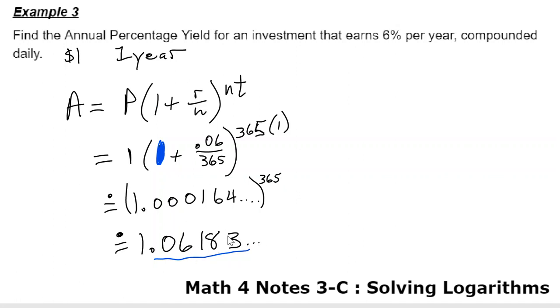So if this represents everything at the end of 1 year on $1, then you want to re-express it as a percentage, which means that the decimal place goes there. And we're going to say 6.18% APY. Most of your banks generally do a percent with 2 decimal places on the end, like 6.25% interest on your CD or something like that.